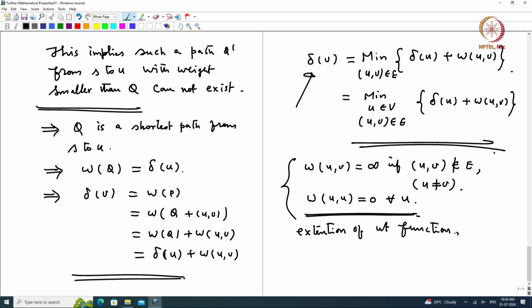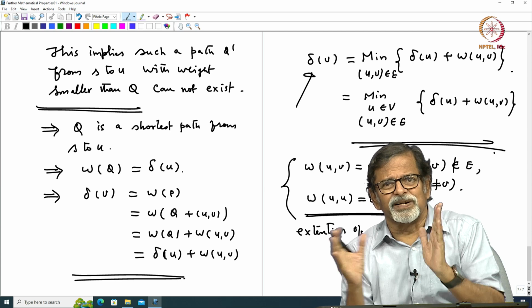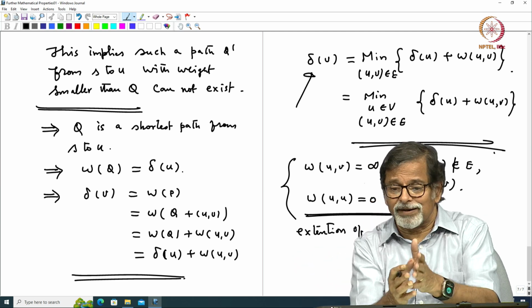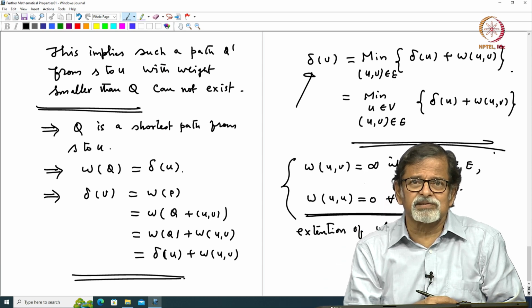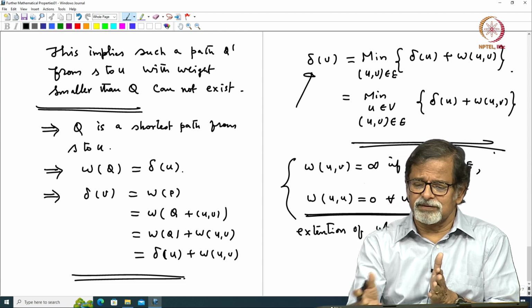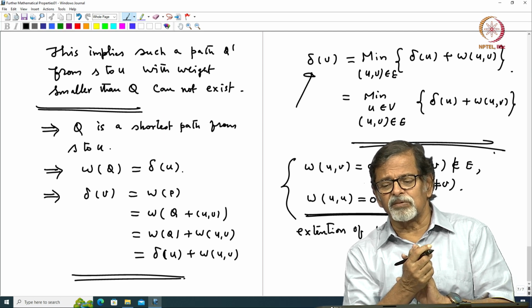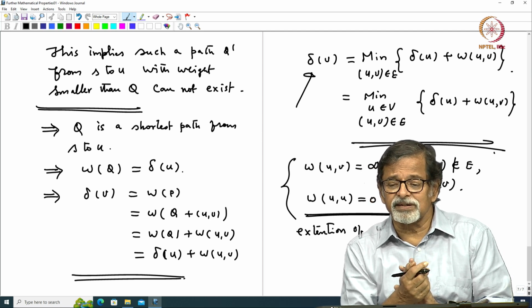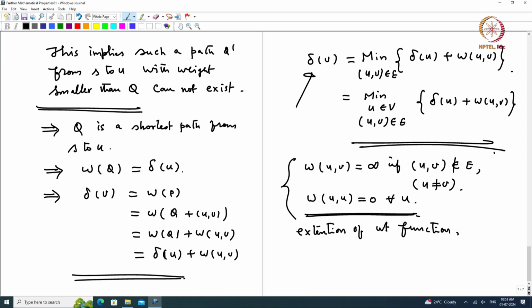Your input graph has got edges. For each edge there is a weight associated with it. We mathematically extend it. If an edge is not there, for that pair we associate a weight infinity, and at every vertex u, of course the graph does not have any self loop, so w u u is set to 0 and w u v equal to infinity otherwise. Under this definition, for any u this is true, because if u v is not there, w u v is infinity.